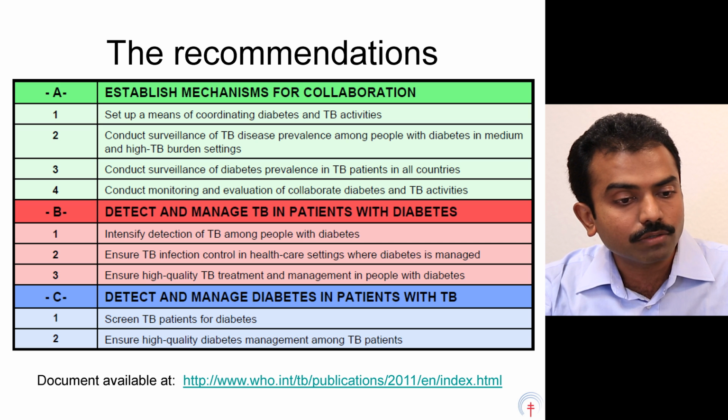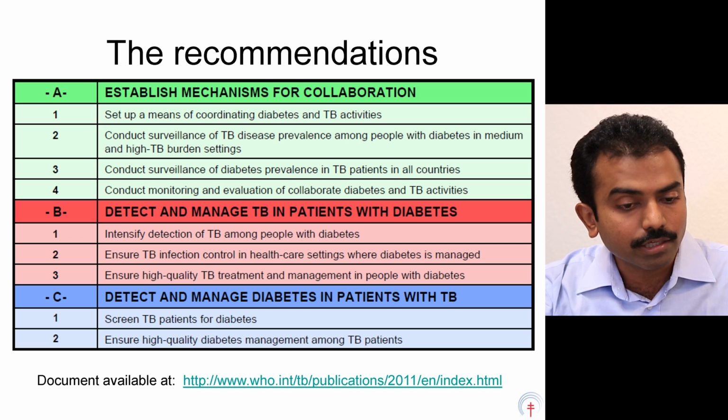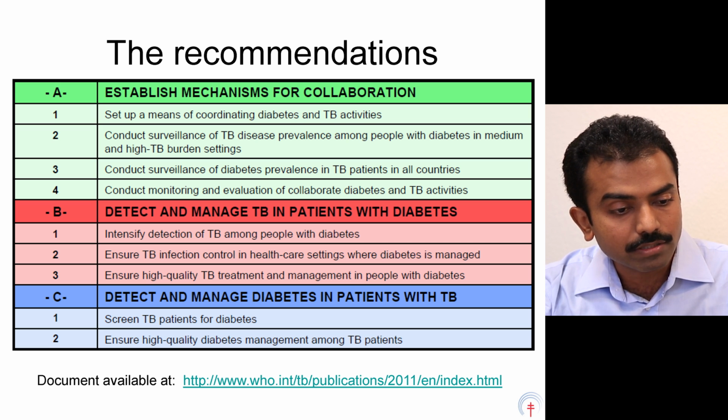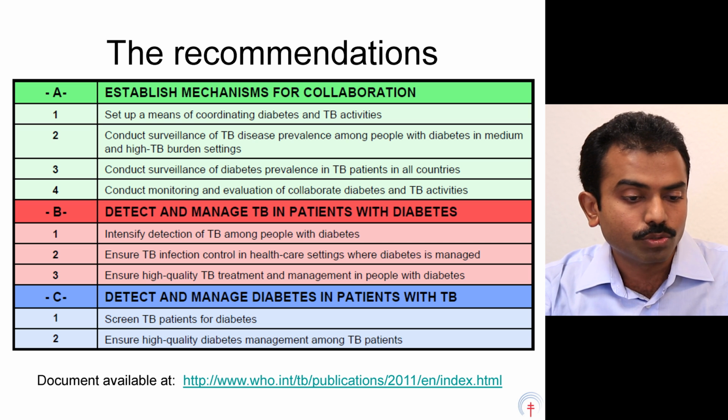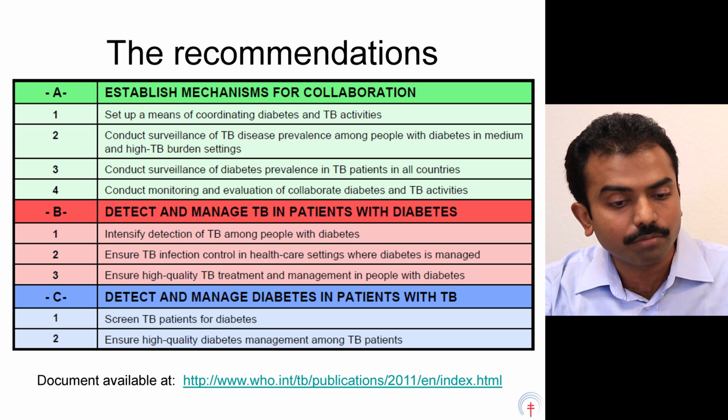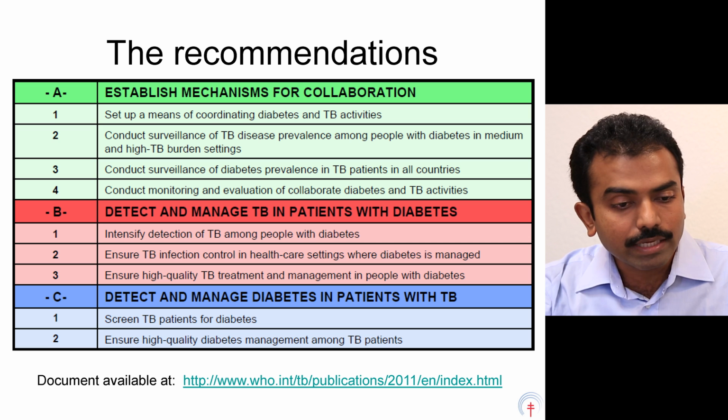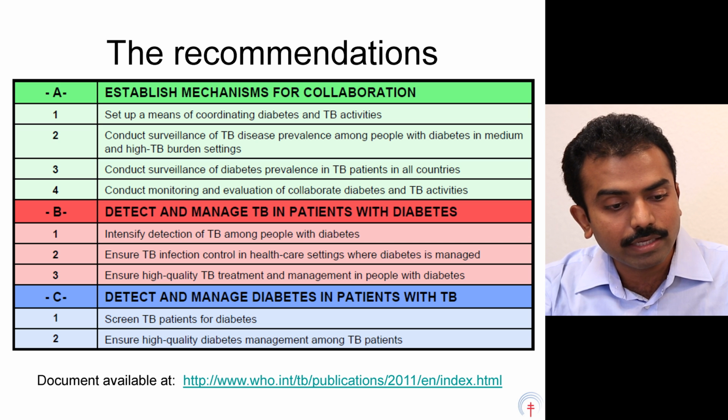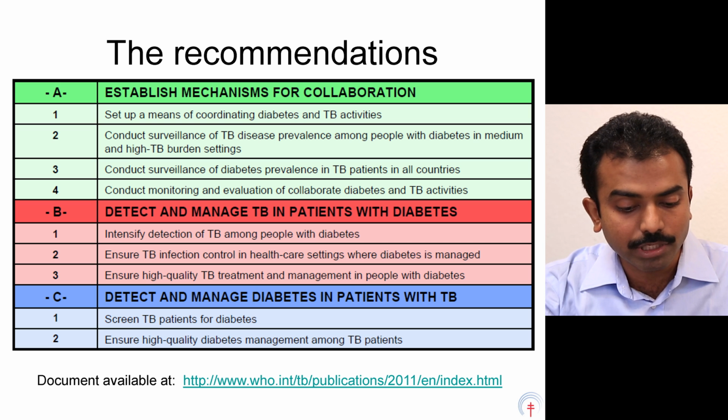The second important one was to detect and manage TB in patients with diabetes, and the third one was to detect and manage diabetes in patients with TB. So the key activity, if you look at this, is a bi-directional screening for tuberculosis and diabetes.